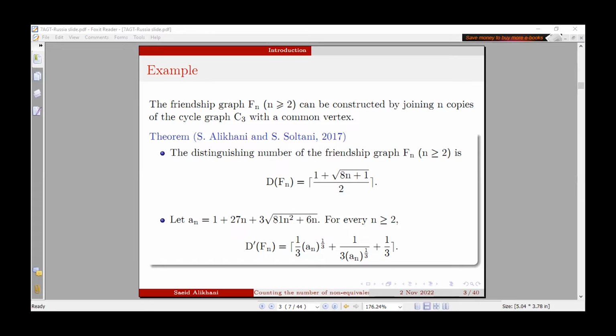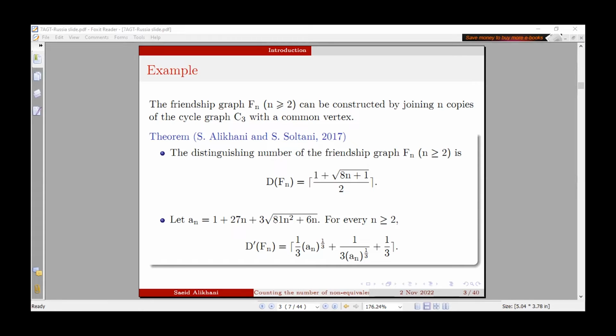base of this triangle with 1 and 2, and I cannot color the base of the next triangle again with 1 and 2. So I use another color, for example 3: 2 and 3, and here I should use 3 and 1, and 1 and 4, and so on.